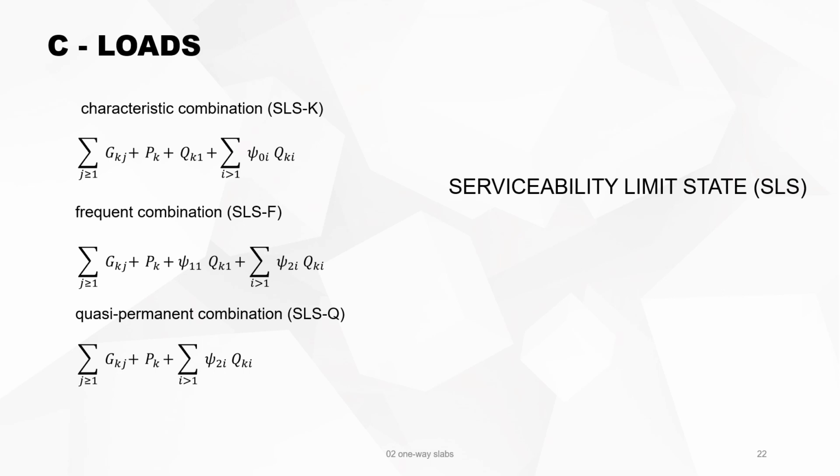That's the first rule in the characteristic combination. The psi1 and the psi2 are made for the frequent combination. And the psi2 is typical for the quasi-permanent combination, because the psi2 is the smallest. This is 0.7, 0.5, and 0.3.